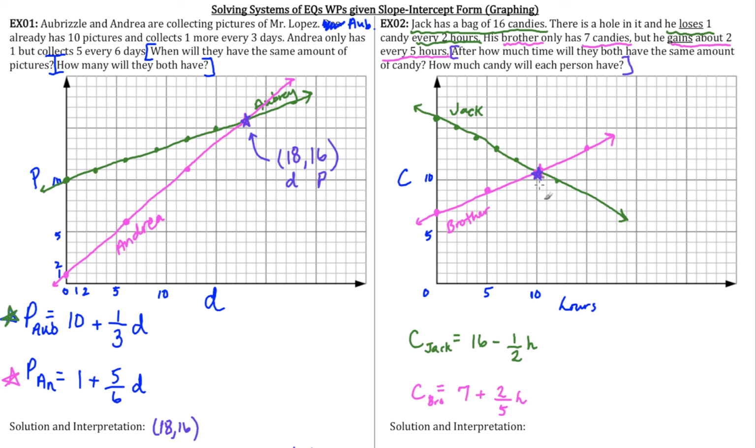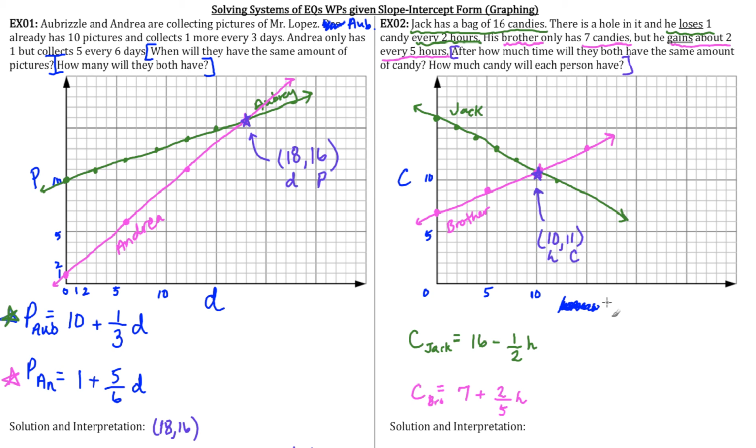Okay. And this is 10, comma, 11. Don't forget that this is the hours and this is the candy. That's a little better, I guess.